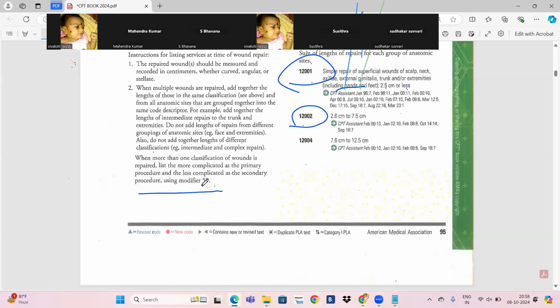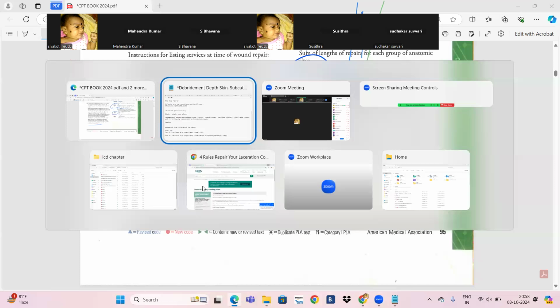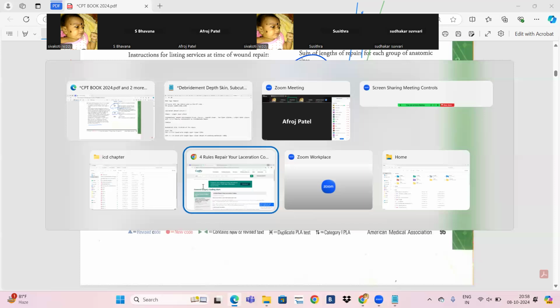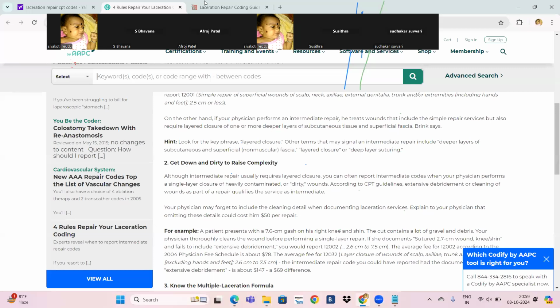Two codes with 51 modifier, because multiple procedures. Same anatomic group means 51. Different anatomic group means 59. 51 is for two totally different procedures.